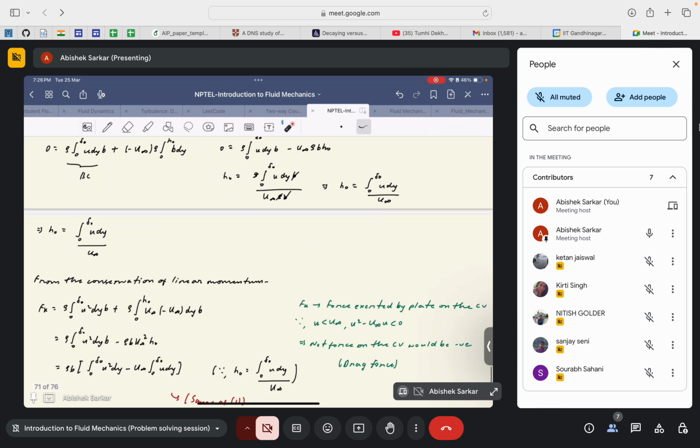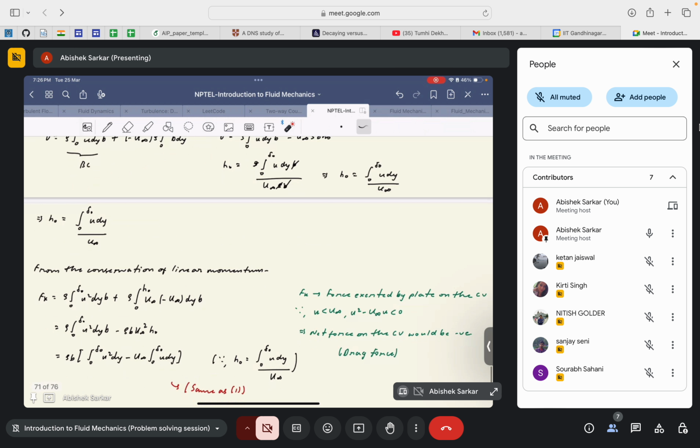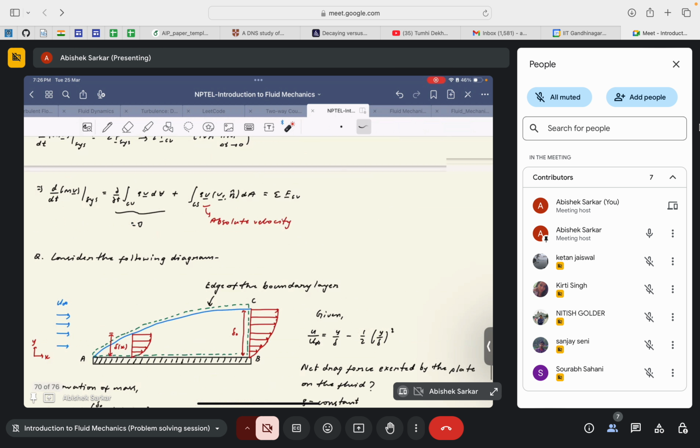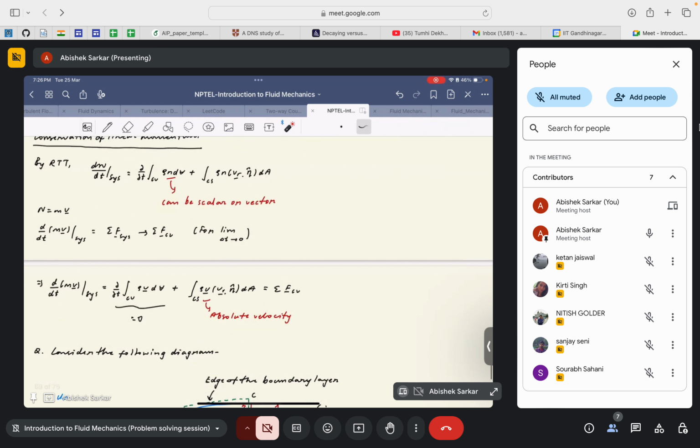Okay, so now let us look into the linear momentum conservation. Again the first term will be 0. Why? If I go back to this equation, since density is constant, it will come out of the integration, and since both velocity and volume are independent of time, the time derivative of the momentum in the control volume will be equal to 0.